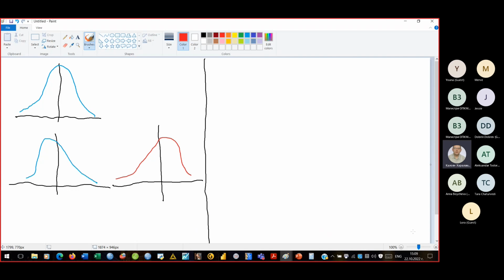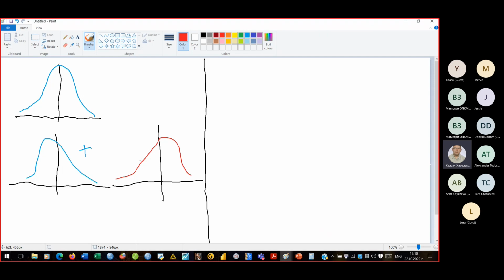the sign of this coefficient shows the direction of skewness. For a right skewed distribution, the sign of coefficient is plus.